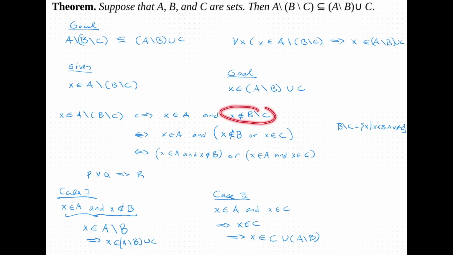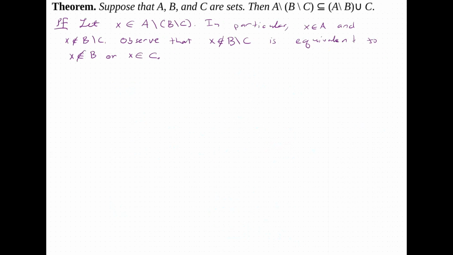So we went through x is not in B minus C, we recalled the definition, and then deduced that this was equivalent to x is not in B or x is in C. But since this is going to follow from the definition, now this is one aspect where we can jump from this statement to this statement, as it is a matter of just circling through the definition to deduce that x not in B minus C is the same as x is not in B or x is in C. And so we can make this logical jump and just say here that these are equivalent.